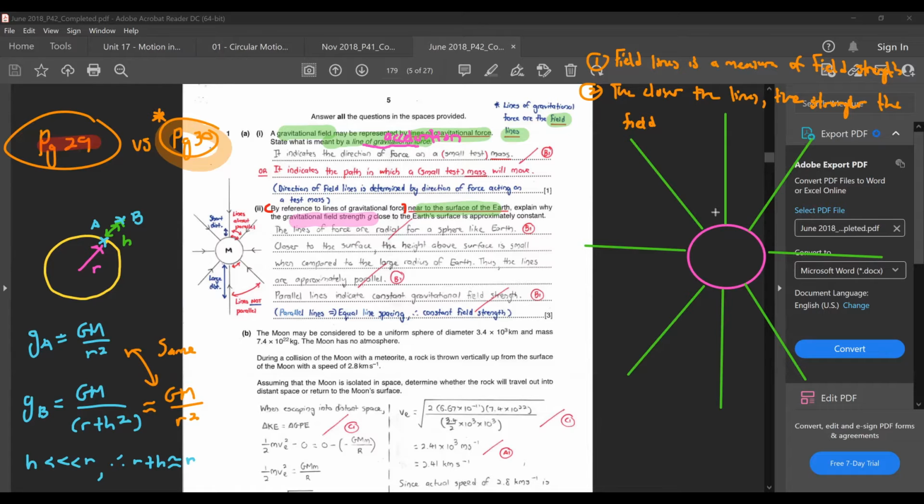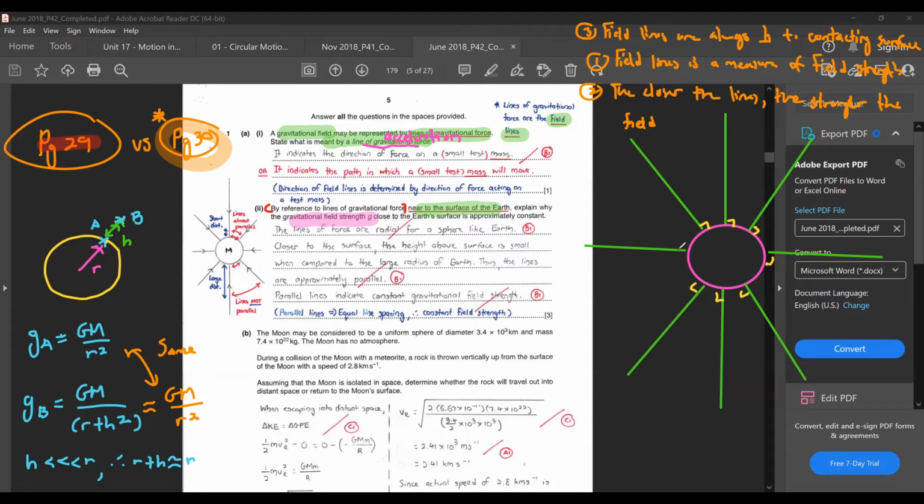The lines themselves would be radial by nature, because one of the other things I also mentioned to you before this was that field lines are always perpendicular to the contact surface. So my field lines must always be perpendicular to my contact surface.